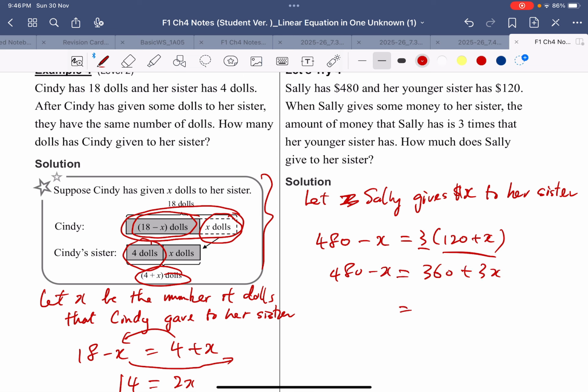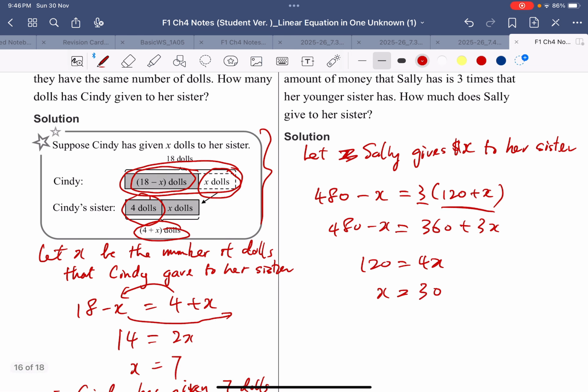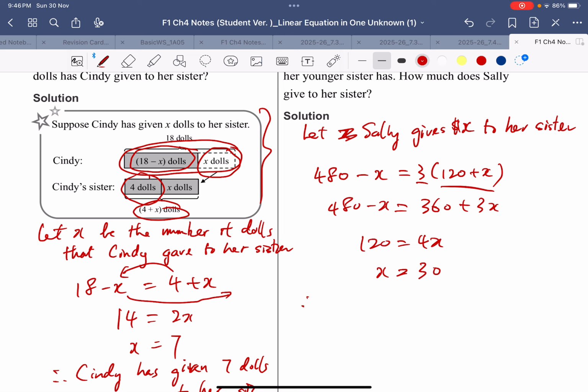And then, okay, so the result is Sally gives $30 to her sister.